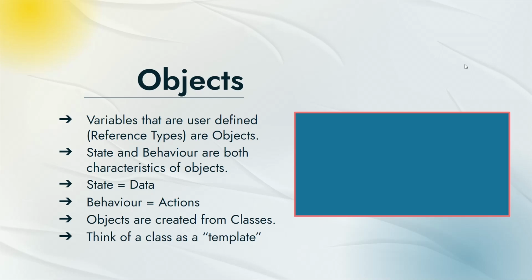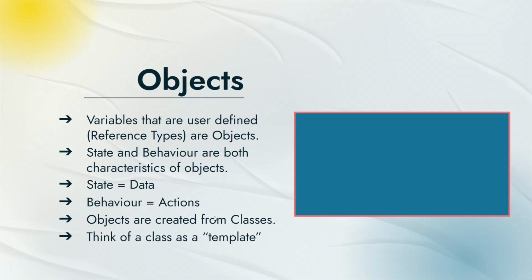So calculating the area, calculating the perimeter would be a behavior, because it is an action done by using the data. An action is performed, which is calculating the area, which is a behavior.